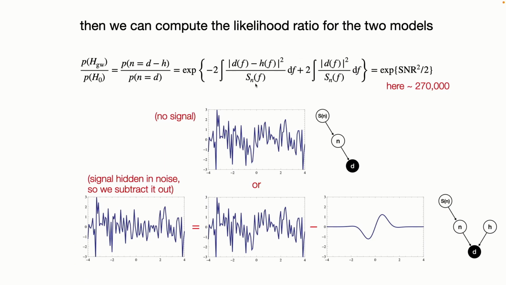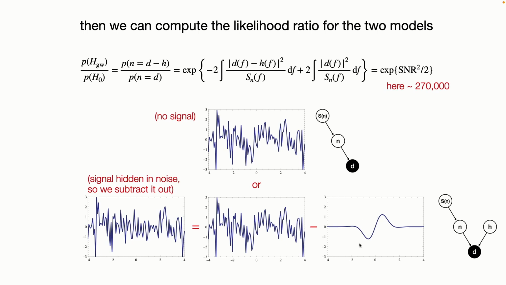And you end up with integrals like the one I just showed, weighted power, basically, by PSD. Although these two plots look very similar, actually they are quite different in terms of the total power that's embedded in them.